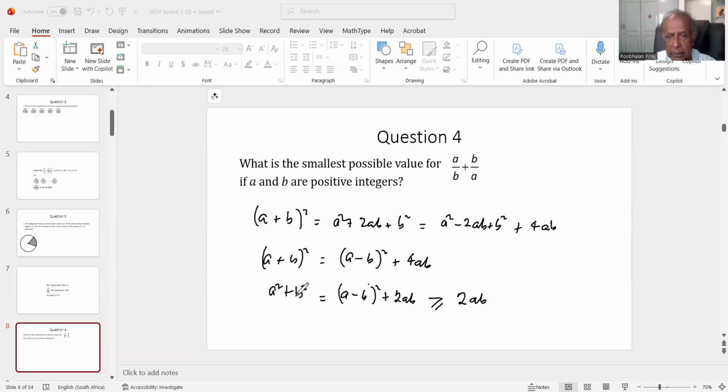That the sum of squares of two numbers is greater or equal to 2 times their product, with equality only when this part is 0, when A equals B. So always have these equations at the back of your mind in problems like this, because sometimes one of them can be used to solve the problem at hand.